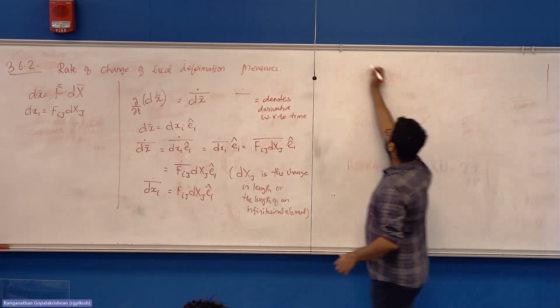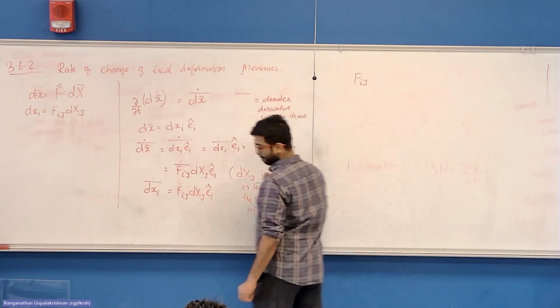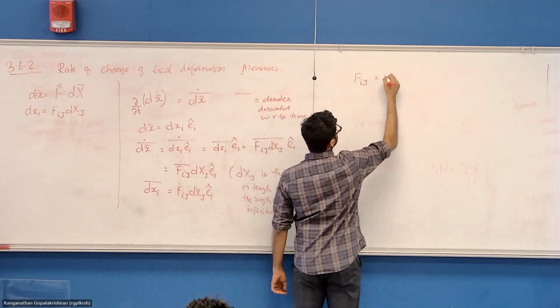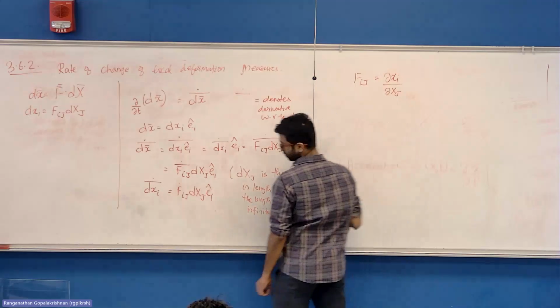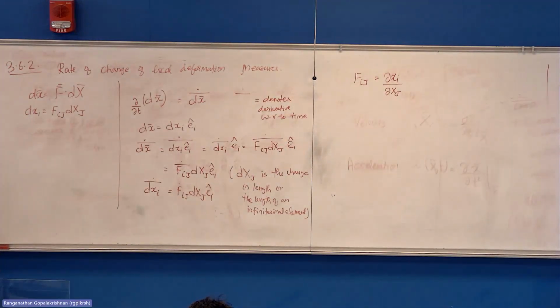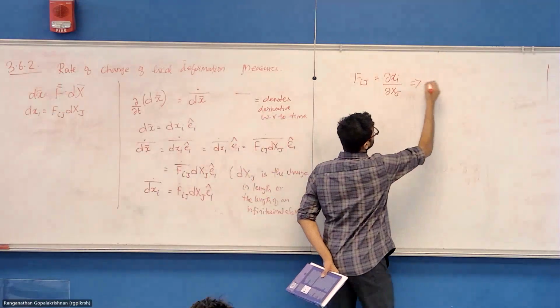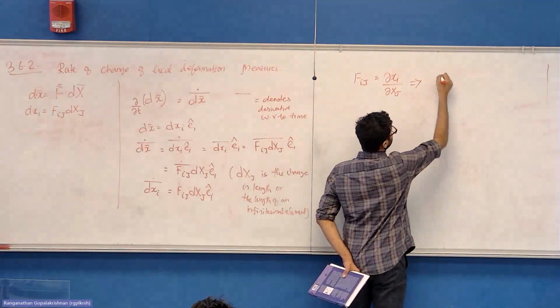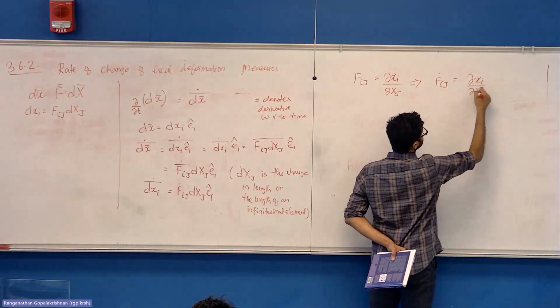All right, let's think about F. What is Fij? Partial xi over partial xj, right? So if I want Fij dot, that would be the time derivative of partial xi over partial xj.